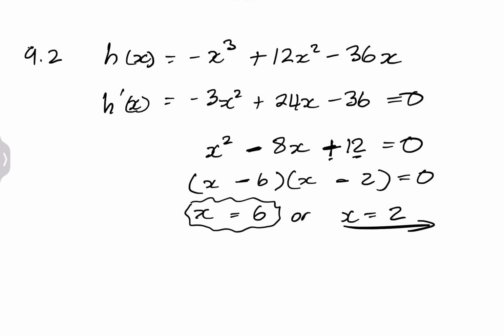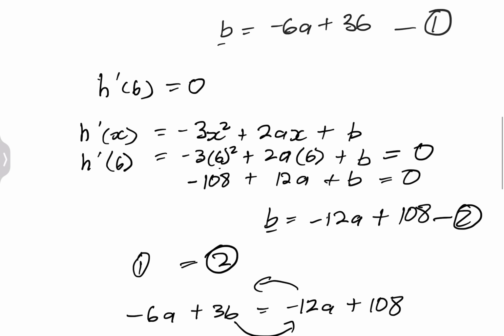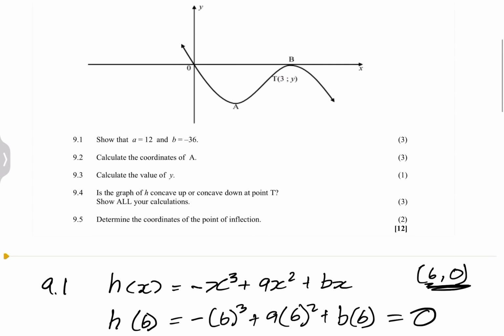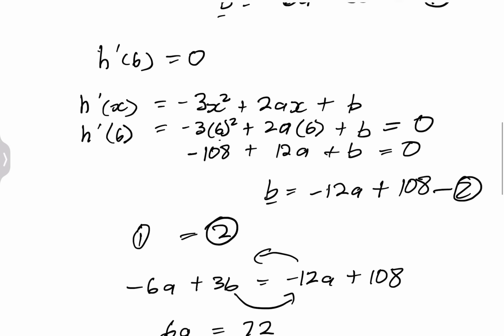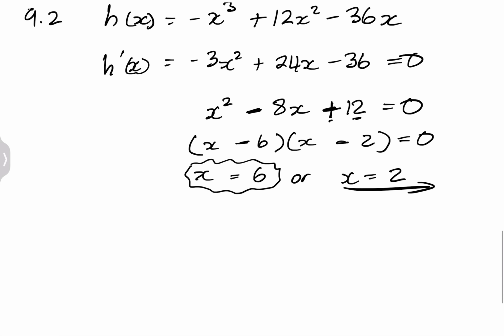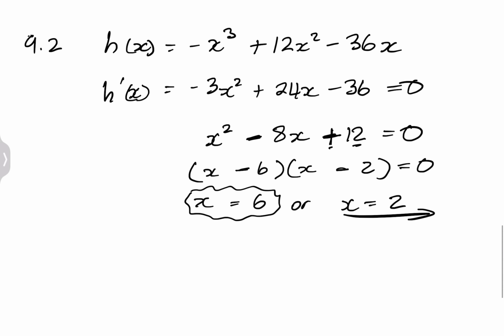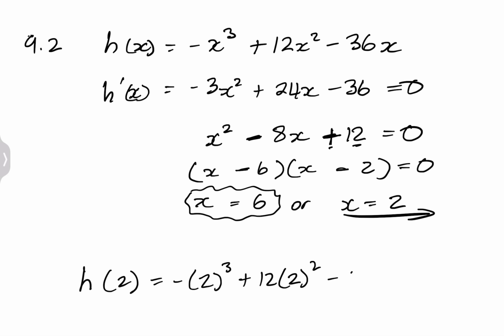Now, to get the coordinates, which is what they wanted, right? They said calculate the coordinates of A. So to get the y value of A, I'm going to substitute that x value that we got into the original equation. So h of 2 in this case would be minus 2 cubed plus 12 times 2 squared minus 36 times 2.